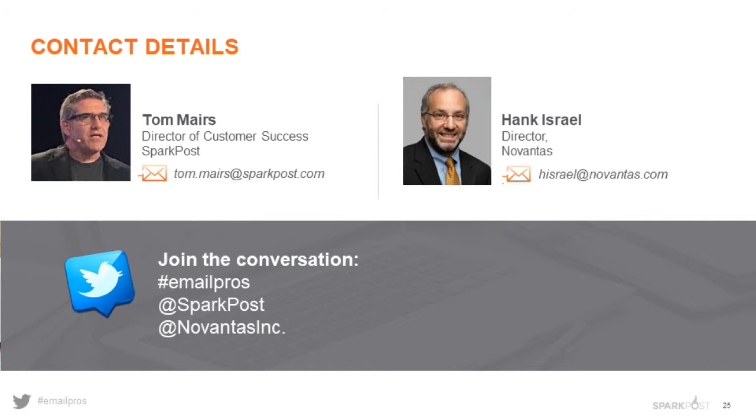So inside SparkPost, we treat every message transactionally anyway. Even if you were to say, hey, you send 100,000 messages, we treat each one individually, and you have the ability to use a fairly comprehensive templating language.